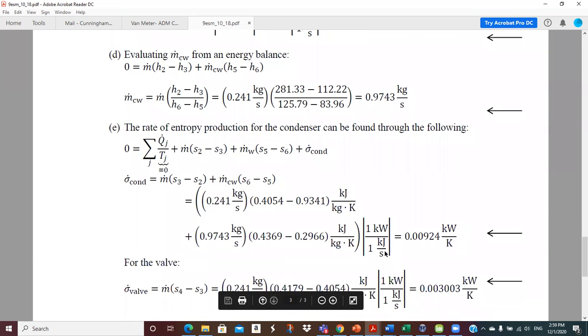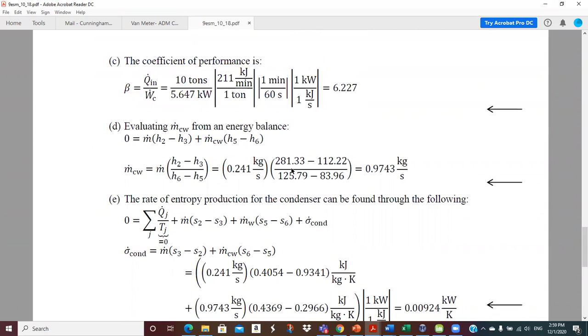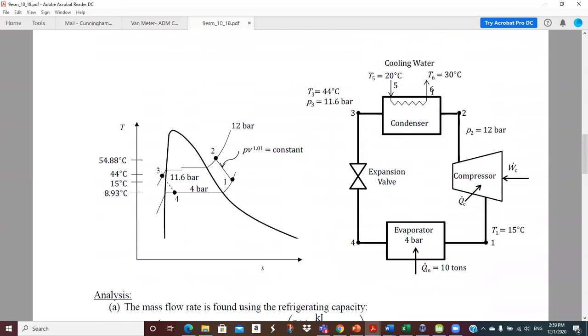And then for the rate of entropy production, it's a throwback to a previous chapter, right? That's not hardly fair. This is dS_CV/dt, but nothing's changing with time. Then this is the entropy transfer due to heat transfer. We're looking at the condenser, but we don't have any heat transfer from the exterior surface.